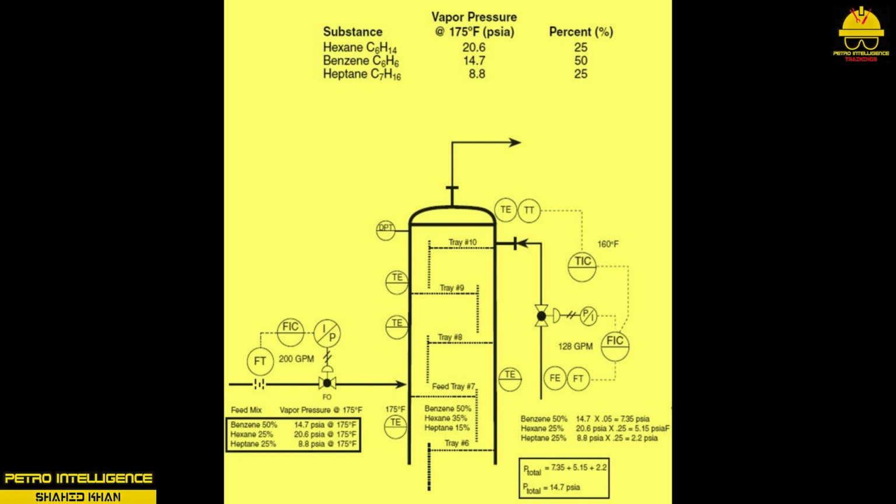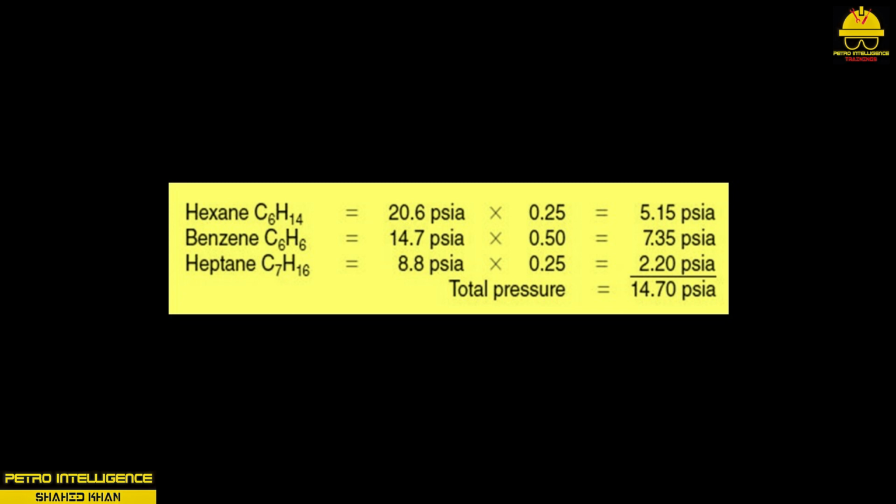For example, consider the following data shown in picture. Given the data, the vapor pressure exerted by a mixture consisting of 25% hexane, 25% heptane, and 50% benzene could be calculated as shown in this picture. Using this information, we can calculate the total pressure on tray 6 by adding up the partial pressures.